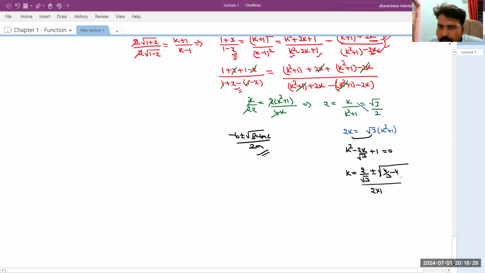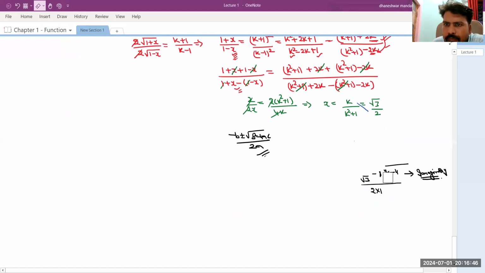Okay. But from here, let's see, these are imaginary roots. So from here, we are going to use another method, because we cannot find the imaginary roots.